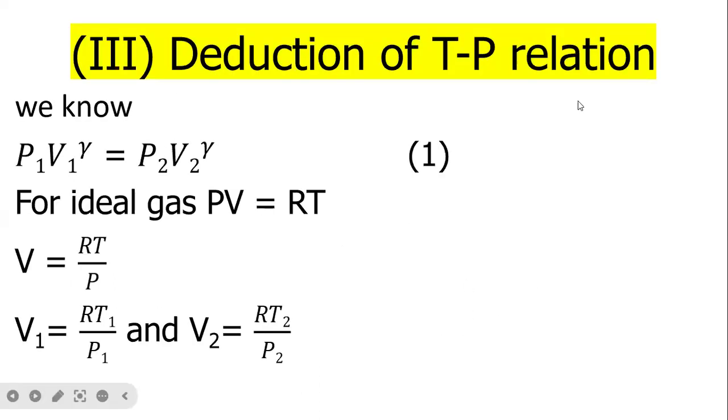Deduction of the TP relation. Again, we know that P1 V1 to the power gamma equals P2 V2 to the power gamma. We have to substitute the volume in the TP relation. For 1 mole of ideal gas, PV equals RT, so V equals RT by P. V1 equals RT1 by P1 and V2 equals RT2 by P2.